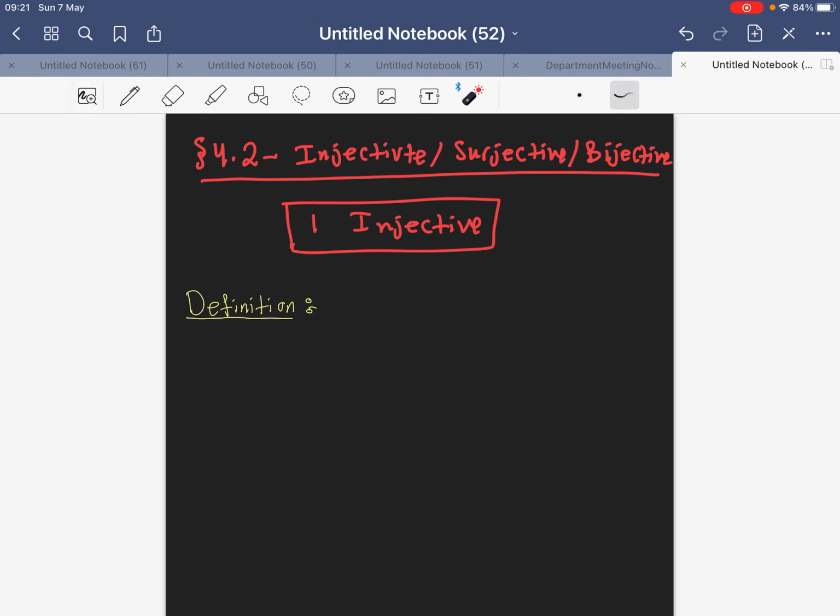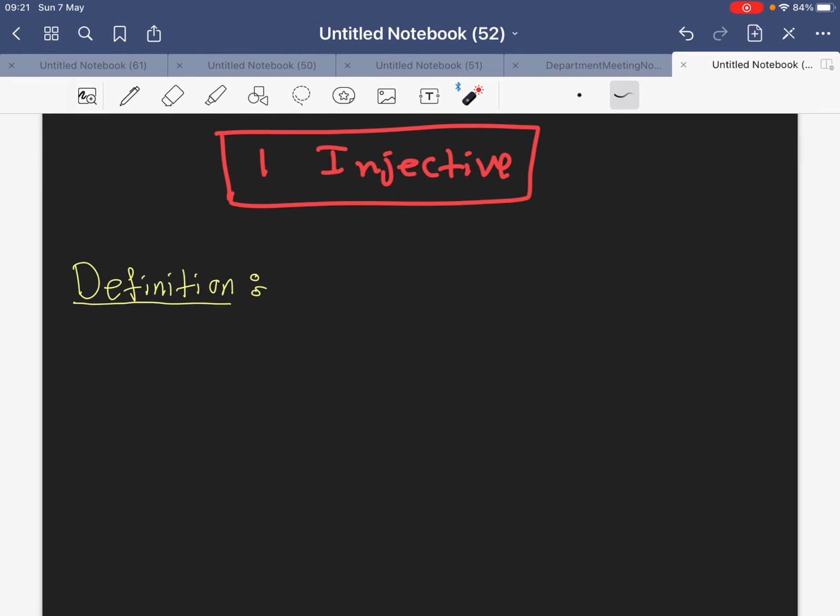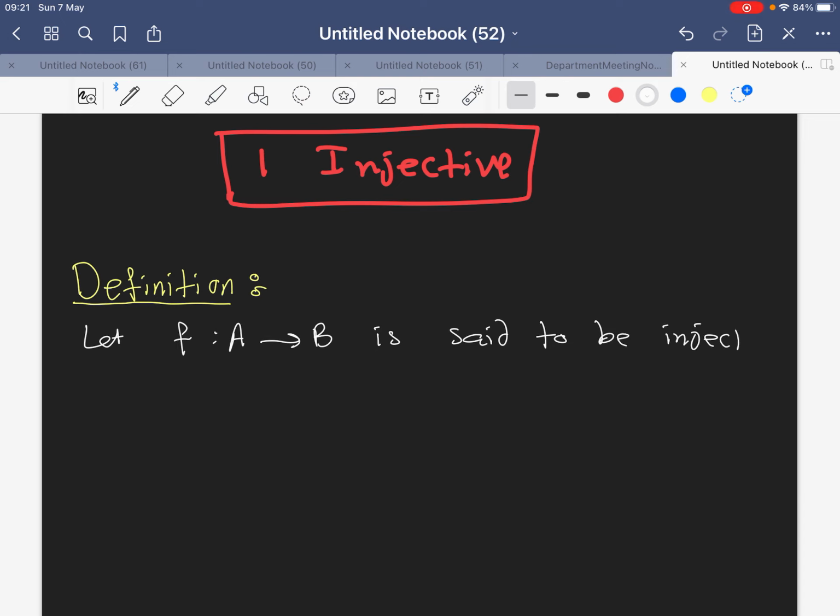So what are injective functions? We have first to define what we mean by a function to be injective. So I will start with: a function f from A to B is said to be injective. Sometimes instead of injective, we say 1 to 1, or in short we just write 1-1.